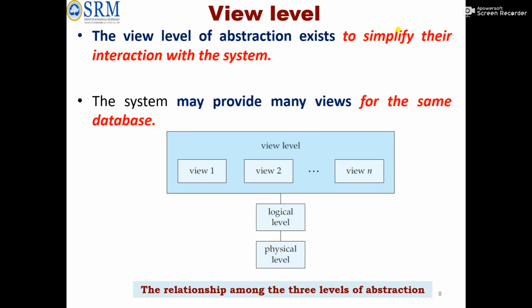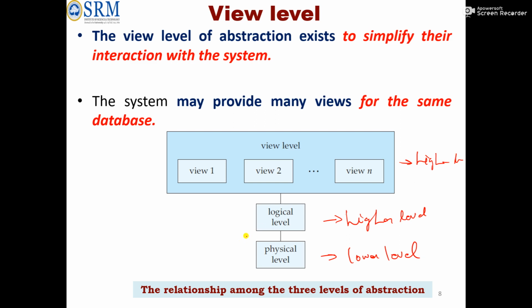This is a typical diagrammatic representation of the relationship of the three levels. The lower level is called the physical level. This is a higher level, and this is another higher level.